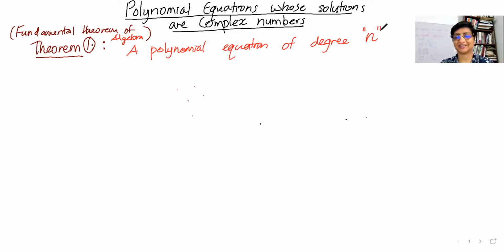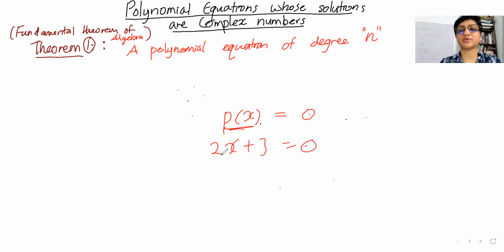If the degree is 1, if you have a linear equation like 2x plus 3 equals 5, how many solutions would you expect it to have? Usually when you think of the equation, you put all the terms to one side and say equal to 0. So if this polynomial is linear, for example 2x plus 3 equals 0, it would have one solution.